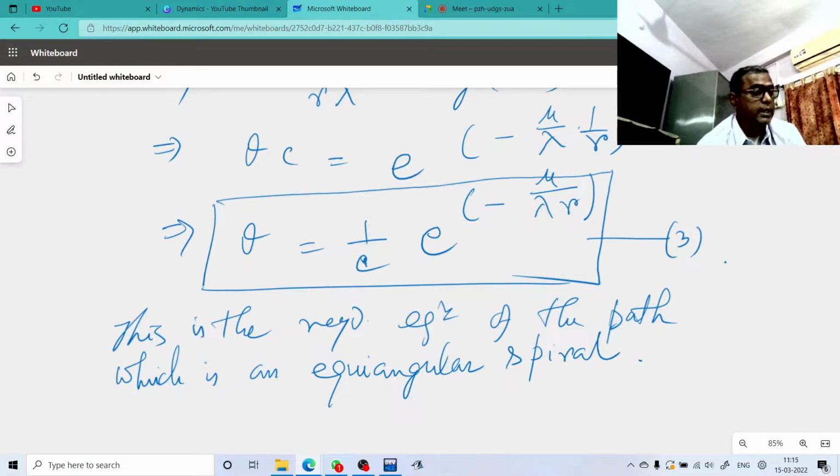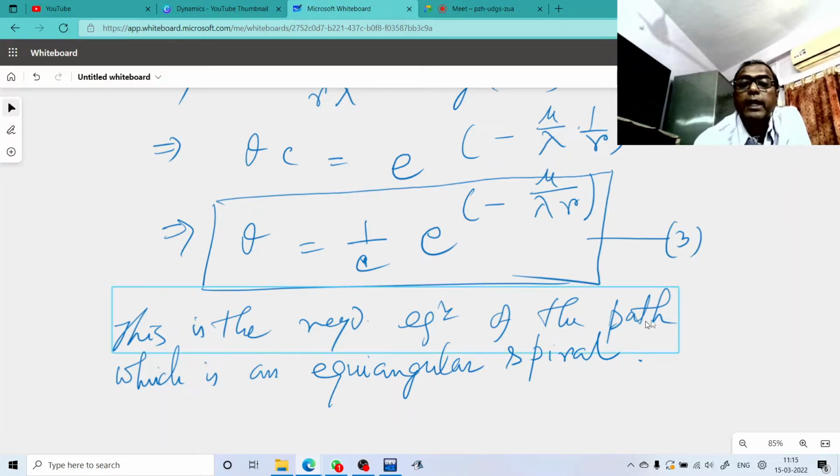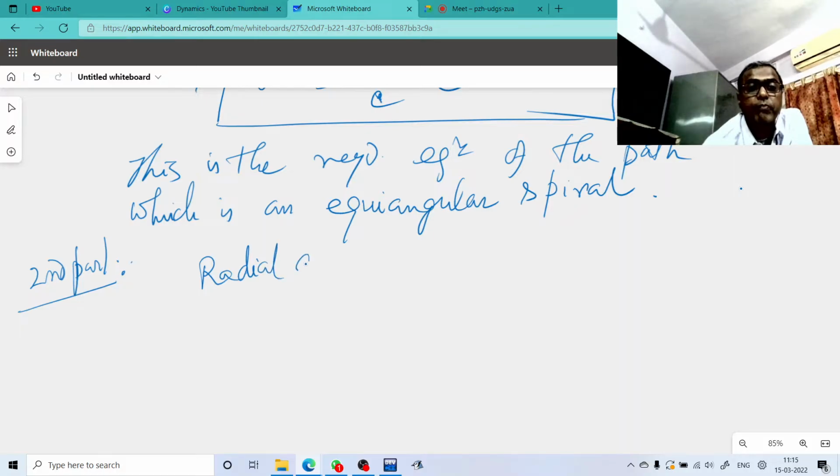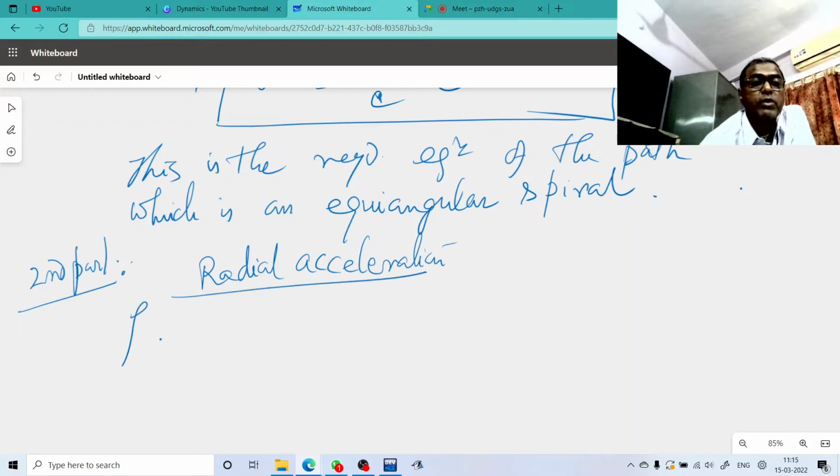Now this is the path. Next part, the radial and cross radial components of acceleration, the second part of this question. Radial acceleration is Fr equals r double dot minus r θ dot square, that is the formula.